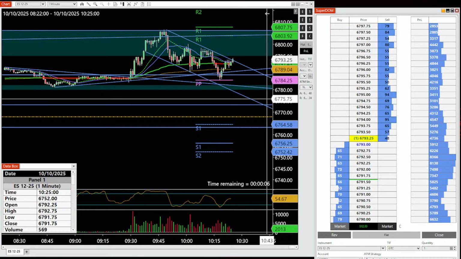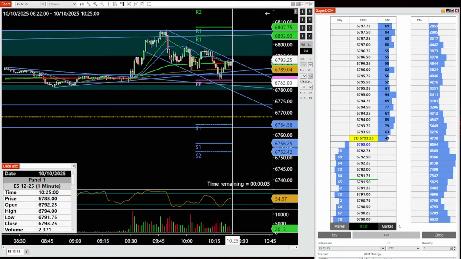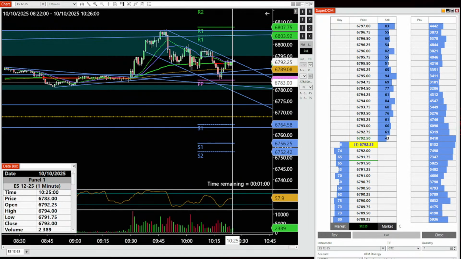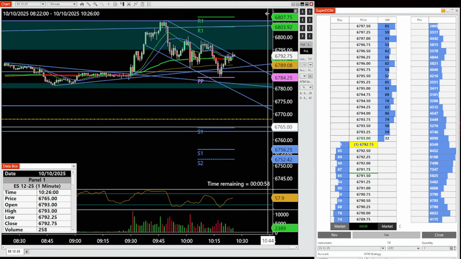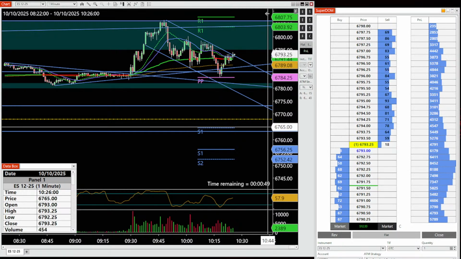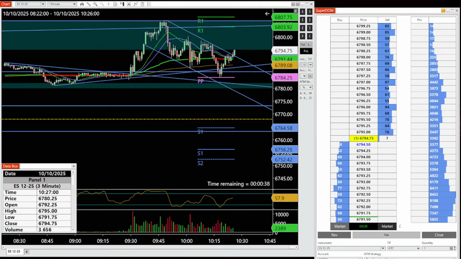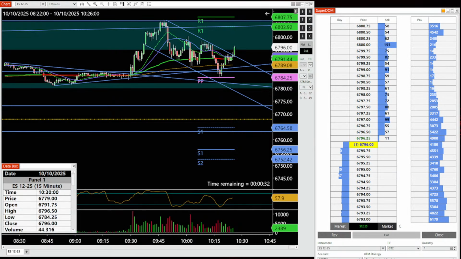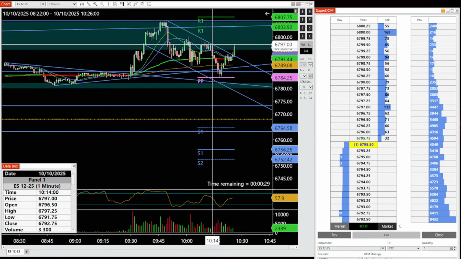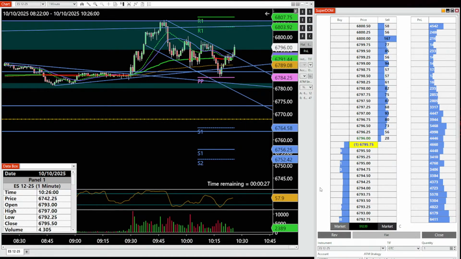Did my stop get filled that quick? Stop got filled. Target was 97.